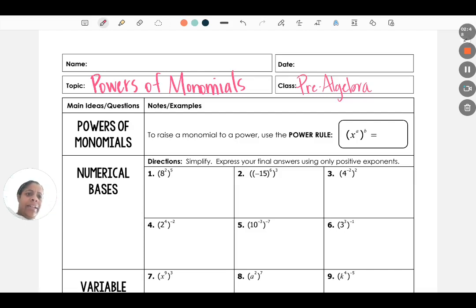All right, so, excuse me, again. To raise a monomial to a power, use the power rule. And that rule is to keep the base, multiply exponents.